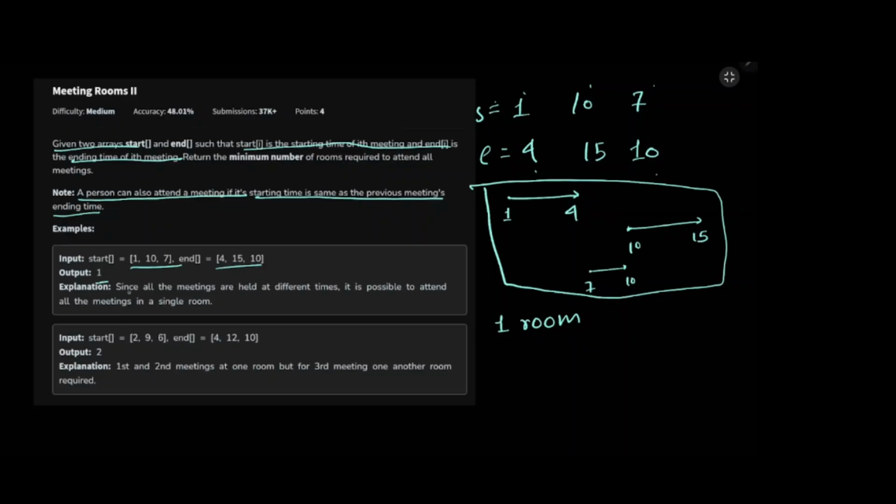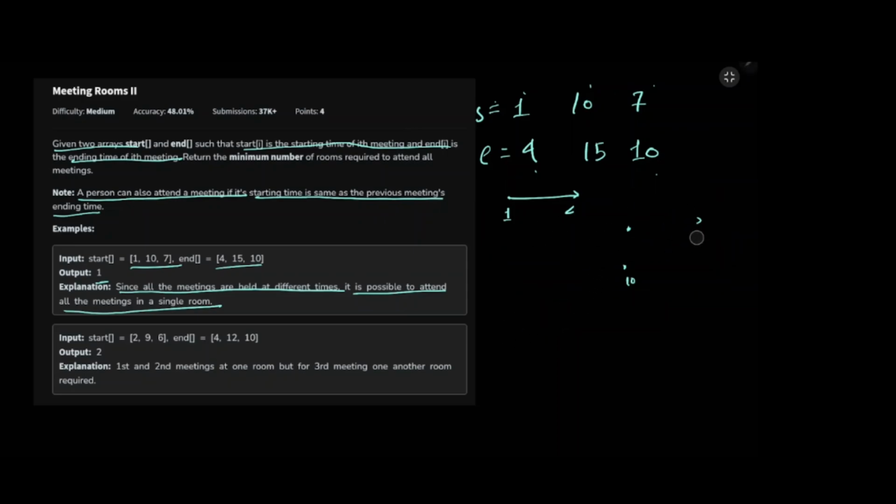Also the explanation given is that since all the meetings are held at different times, it is possible to attend all the meetings in a single room, because there are no overlappings. Now let's check the same for the second case. The array size is also the same here, which is a good thing for explaining. 4, 12 and 10.